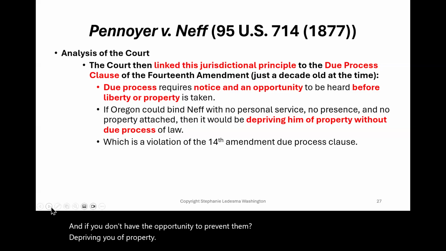If Oregon could bind Neff with no personal service, no presence in the state, no property attached in the state, then they would, in fact, be depriving him of property without due process of law, which is a 14th Amendment violation.